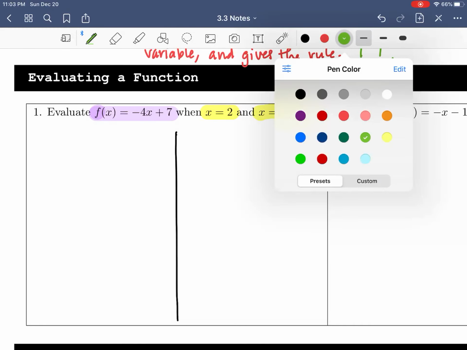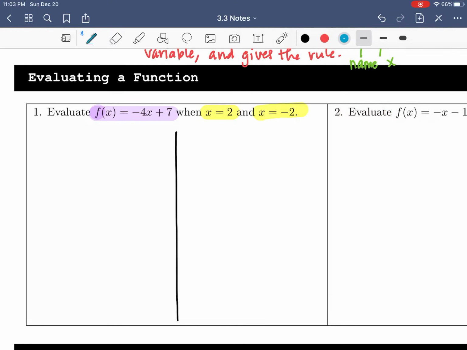I'm just going to give myself room for both of these examples. First, I like to use the at symbol, so at x equals 2, I'm going to plug 2 into our variable. So f of 2, that's what we're looking for. What's the output? f of 2 equals -4 times 2 plus 7, which is -8 plus 7.